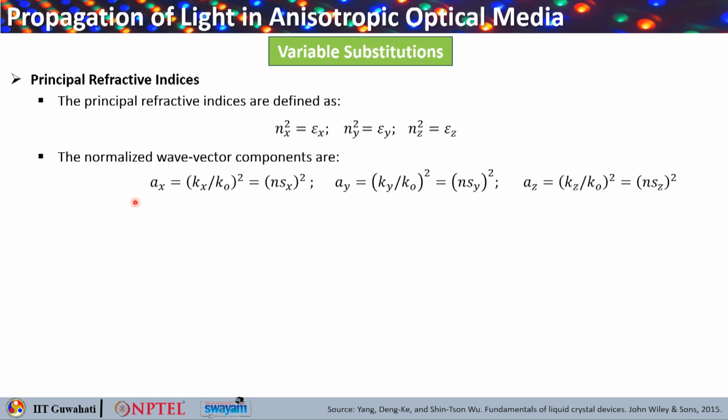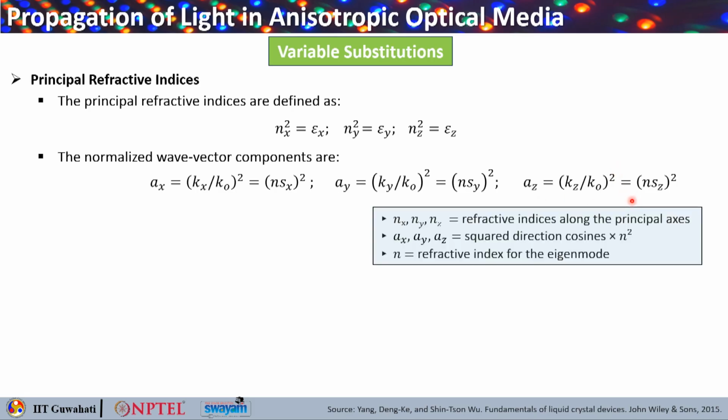So, with that you can write the normalized wave vector components Ax equal to (kx by k naught) whole square, which is nothing but (n sx) whole square. Ay will be (ky by k naught) whole square, that is equal to (n sy) whole square. Az will be equal to (kz by k naught) whole square, that is (n sz) whole square.